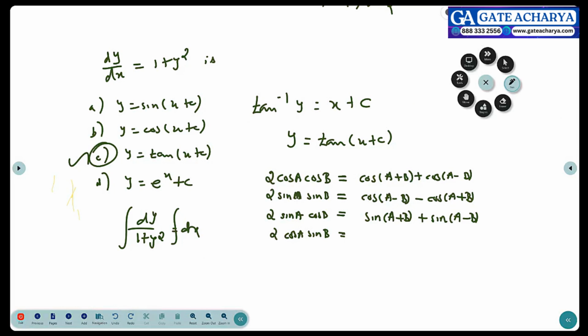First sin A plus B plus sin A minus B, but second, the sign in the center changes: sin A plus B minus sin A minus B. Then for cos cos, cos A plus B plus cos A minus B. Both are in sin, so the sign changes: cos A minus B plus cos A plus B. Sin cos combination, but the first term is sin: sin A plus B plus sin A minus B. In the second term the sign in the center changes.